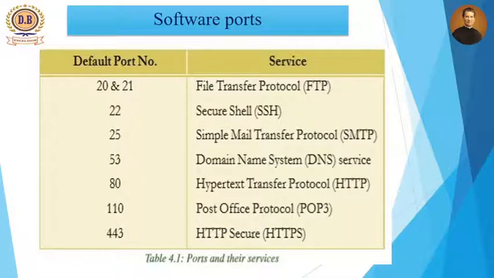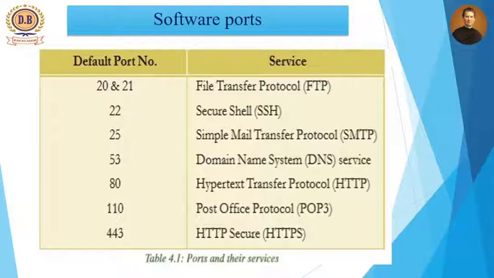What does 25 indicate? 25 is for the SMTP protocol. Then 53 for DNS, domain name system. Then 80 for HTTP. Then 110 for the post office protocol, POP, and 443 for HTTPS, HTTP secure, or HTTP over secure socket layer.